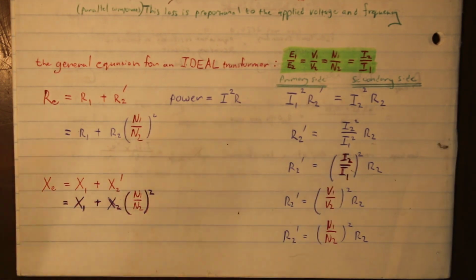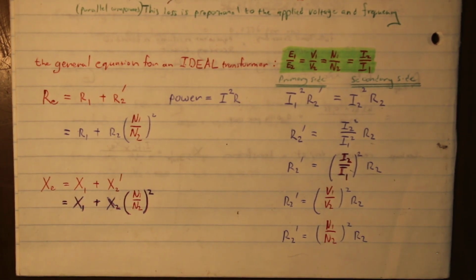That's when we shifted the leakage reactance over, and just like with the resistance, we can say XE equivalent equals X1 plus X2, that's when it's on the secondary side, multiplied by N1 over N2 squared. And the same, we can also replace N1 over N2 with V1 over V2, or we can replace it with I2 over I1.